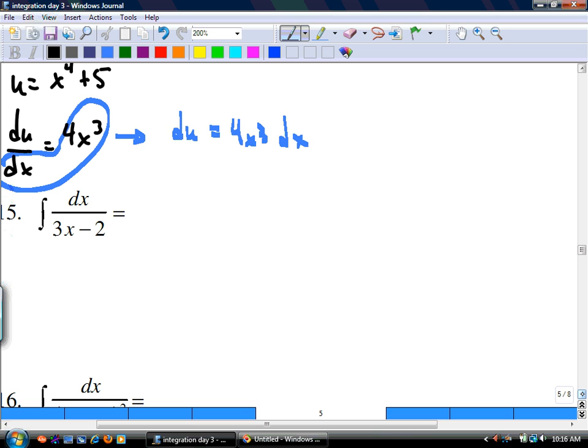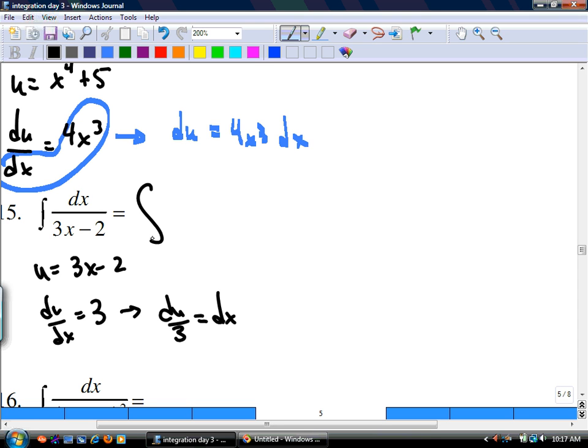Okay, what are you going to let u equal here? So what's du over dx? 3. Strap, I don't see a 3. Okay, well fine. Take it over to the other side. Du over 3 equals dx.